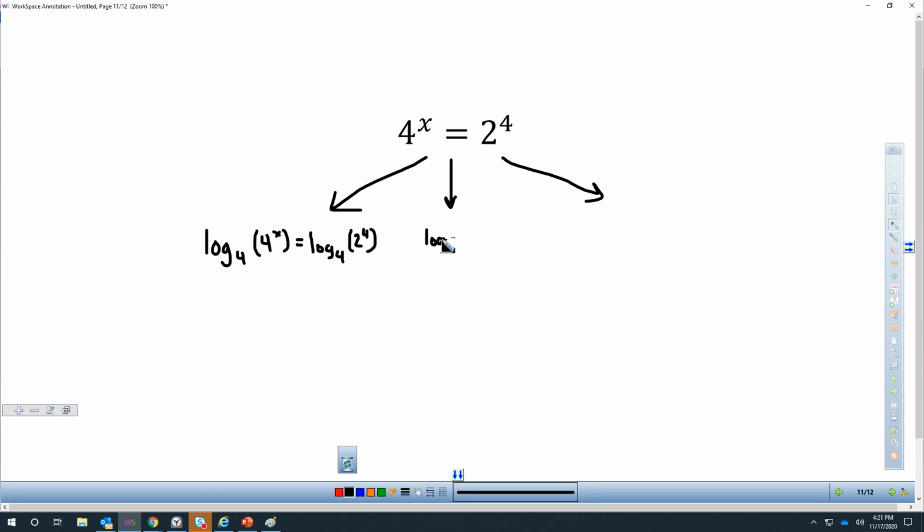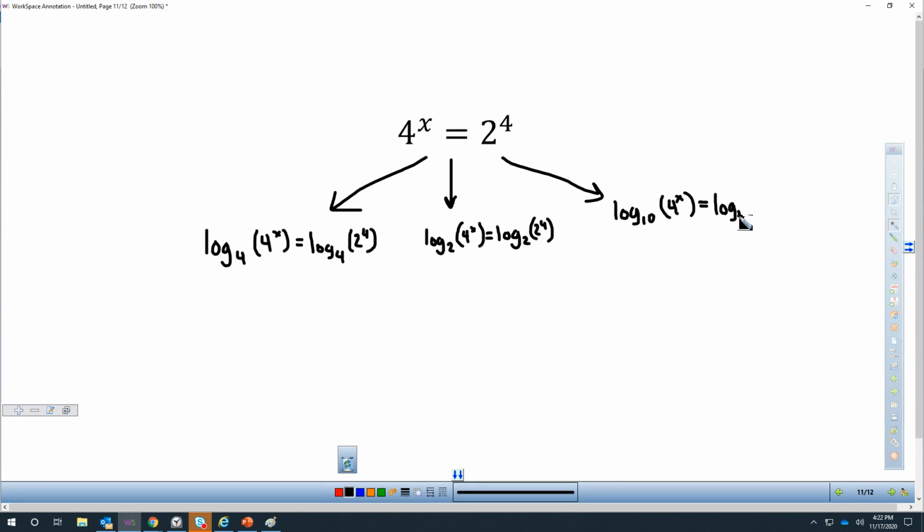So I'm going to do log base 2 of 4 to the x equals log base 2 of 2 to the 4th. And then for the last one, I'm just going to pick a base. I'm going to do log base 10 just because I want to. And we'll see if any of these work and which one we should use.